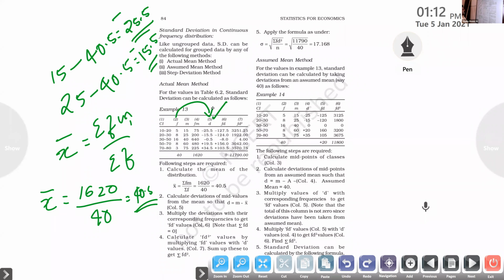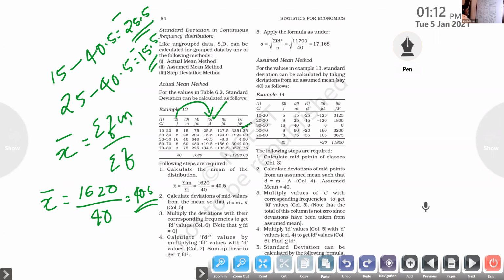Okay, next one, what is it? FD square. So F into D, its square we have to find out here. Negative 127.5 multiplied by negative 127.5, we got the answer 3251.25. Clear? Got the idea? This is the method to find out the FD square.